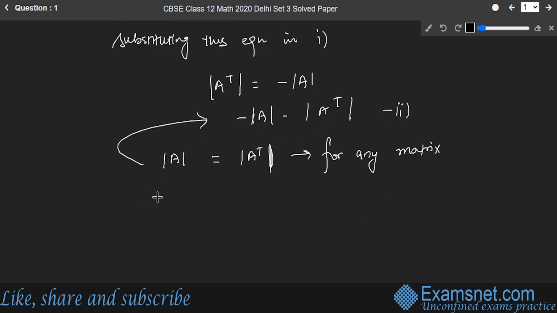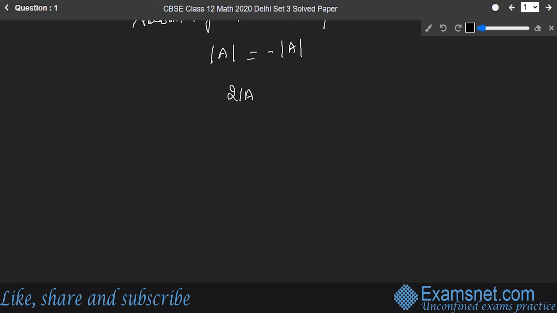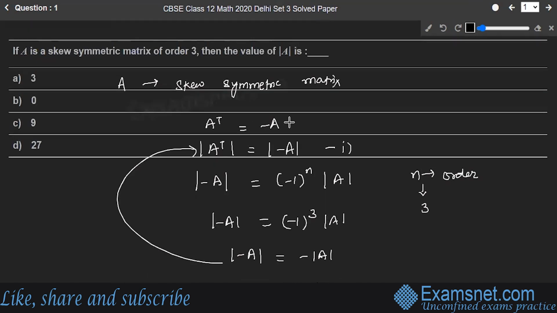Substituting this in equation 2, you have determinant of A is equal to minus of determinant A, right? That means 2 of determinant A is equal to 0. It simply gives you determinant of A is equal to 0. That's it. This is what you needed to find out in the question, and the answer to this question is 0. Hope you understood.